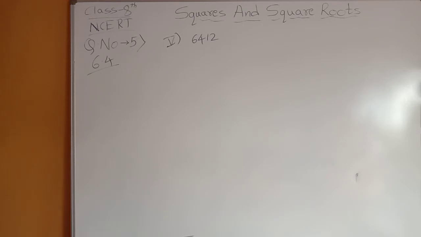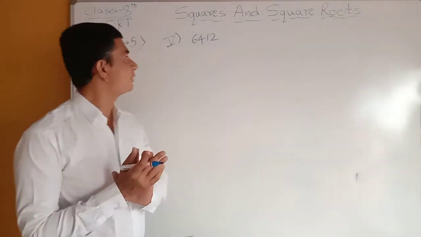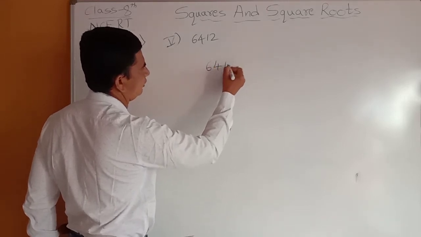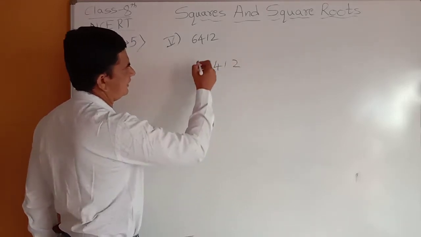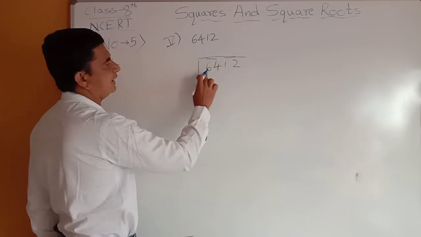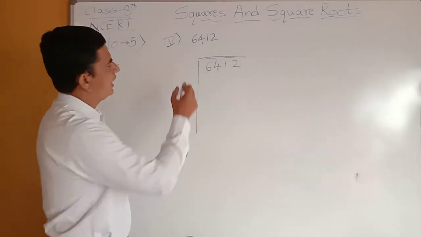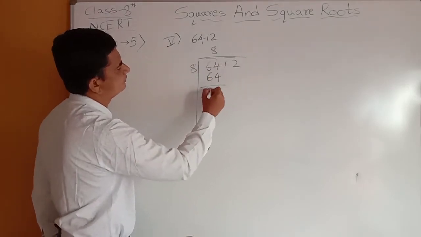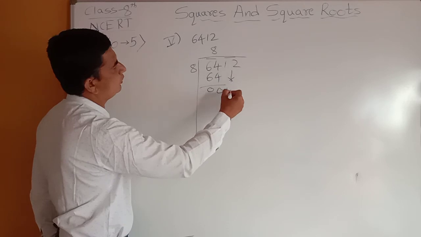So the last question of the main question 5 is 6412. So find this with the help of the division method, make a pair. So 64 is already a square number, so directly you can take 8, 8 is 64. So take down here 12.